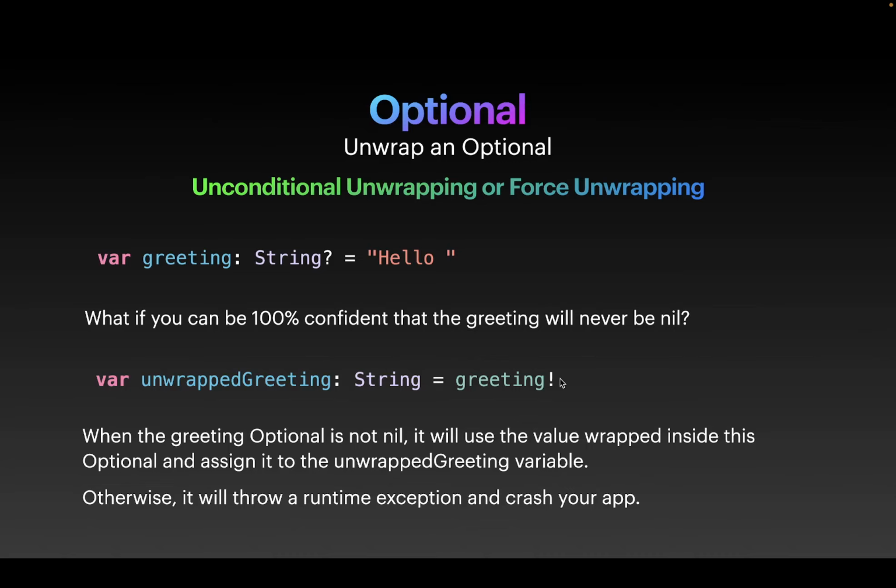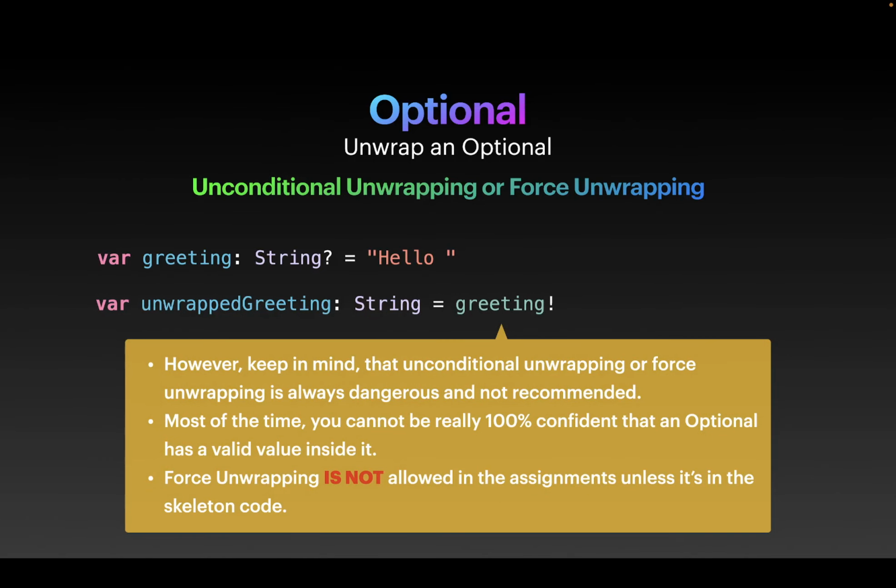In this case, if the greeting is nil during runtime, it's just going to throw an exception and crash your app. An important thing to mention is that unconditional unwrapping, or forced unwrapping, is really dangerous and not recommended at all.